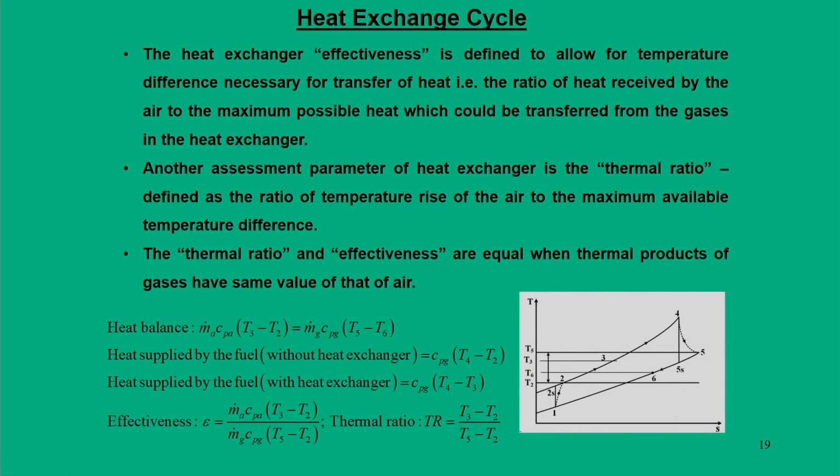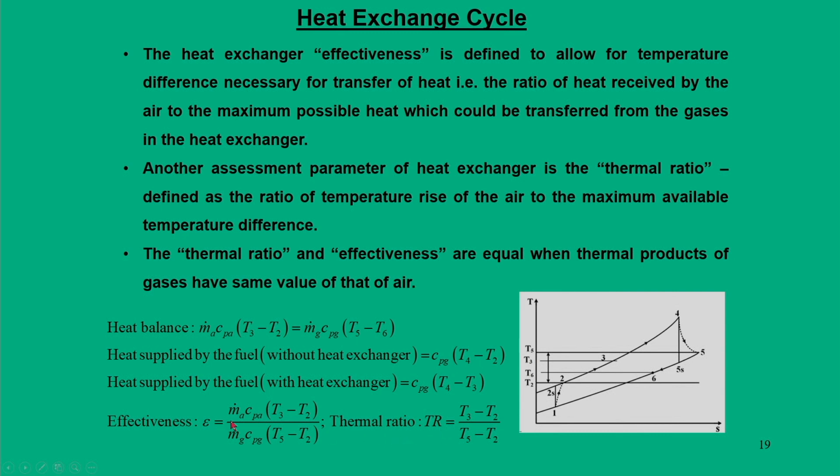In that context, two parameters are defined. One is effectiveness, which is nothing but the ratio between these two, that is the effectiveness of the heat exchanger. And in some other situations, to make the analysis simpler, we define a parameter called thermal ratio.